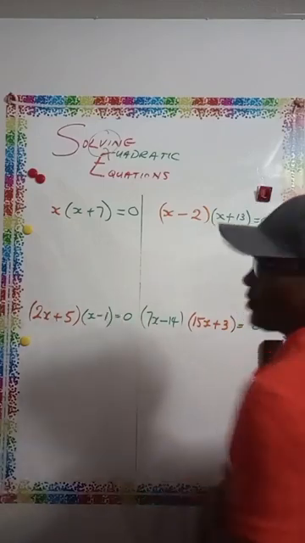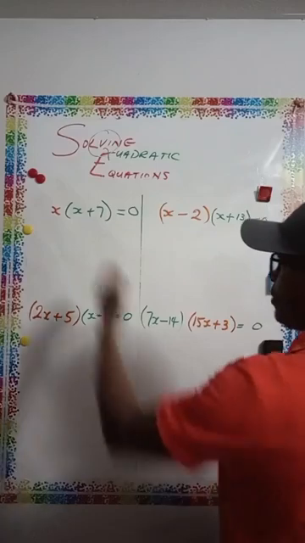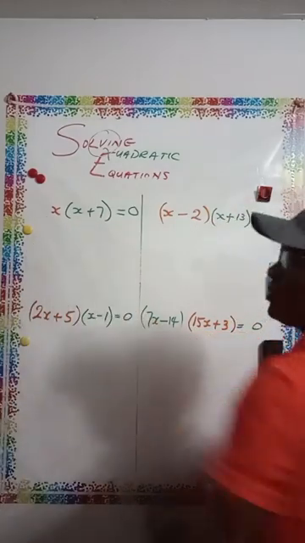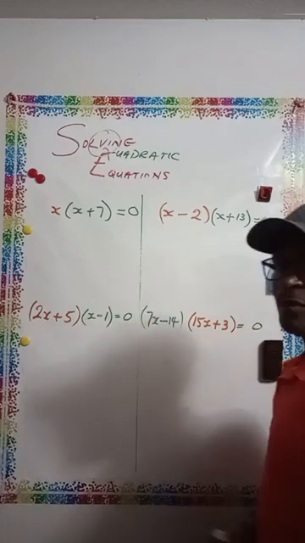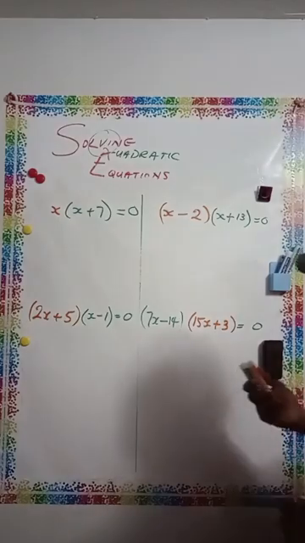So in other words, I have color-coded it to let you see what's going on, whereby we have a monomial times a binomial equal to 0, and I want to find the values of x or solve, right? So we're solving quadratic equations.